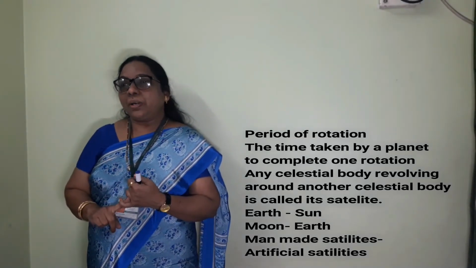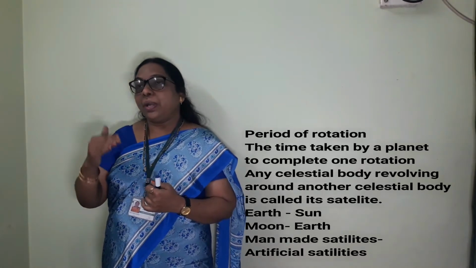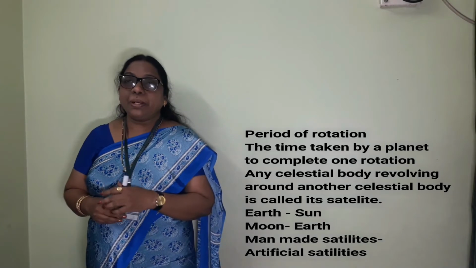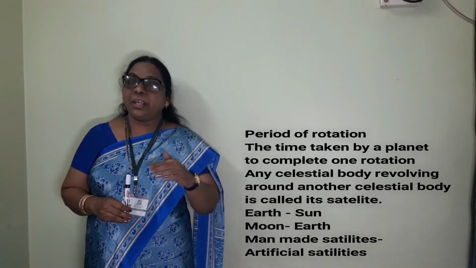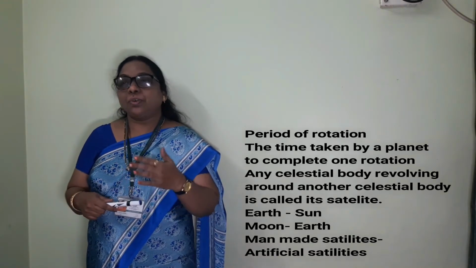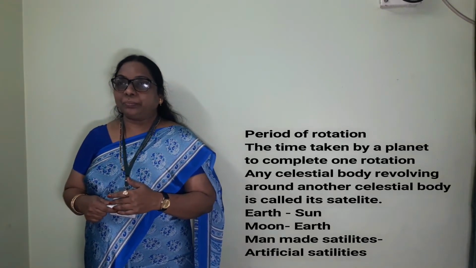Any celestial body revolving around another celestial body is called its satellite. Let me repeat, any celestial body revolving around another celestial body is called its satellite.